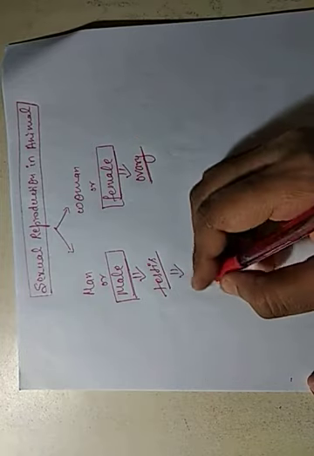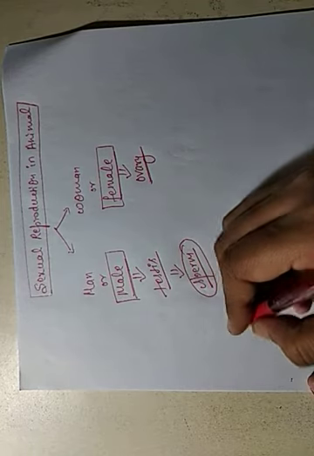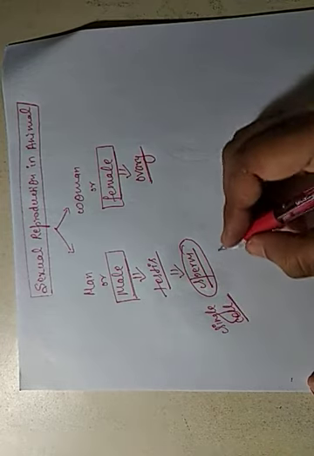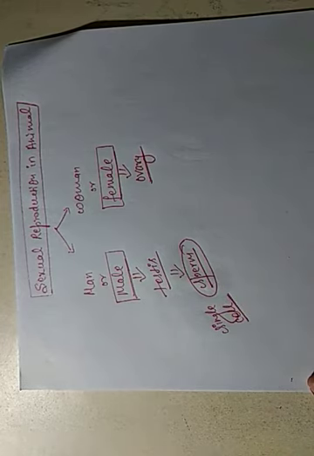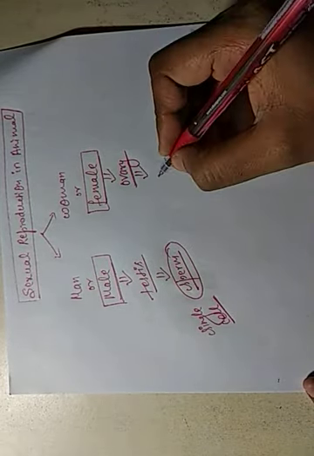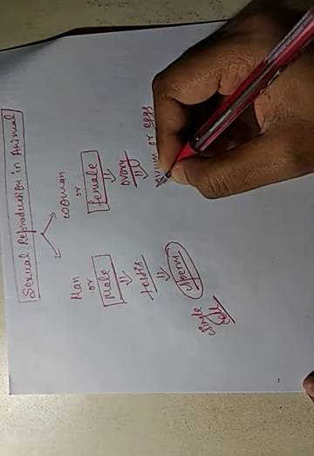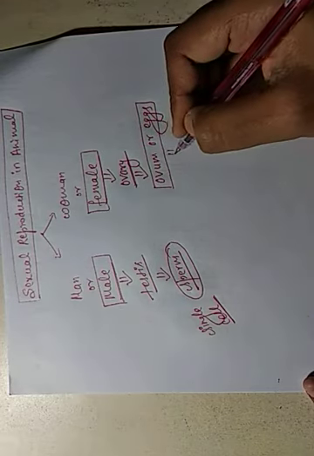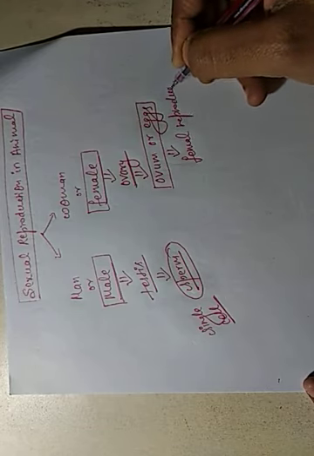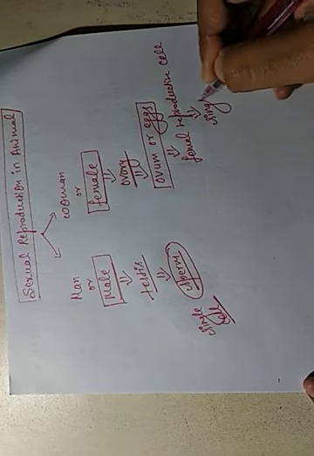In the testis there is formation of sperm, which is a single reproductive cell, and the ovary releases the ovum, or egg, the female reproductive cell, which is also a single cell.